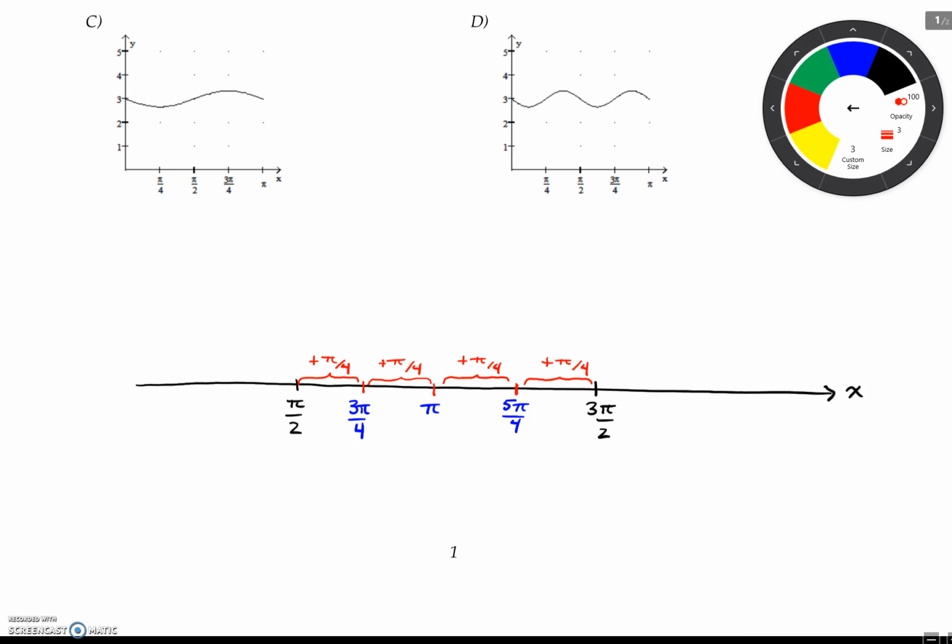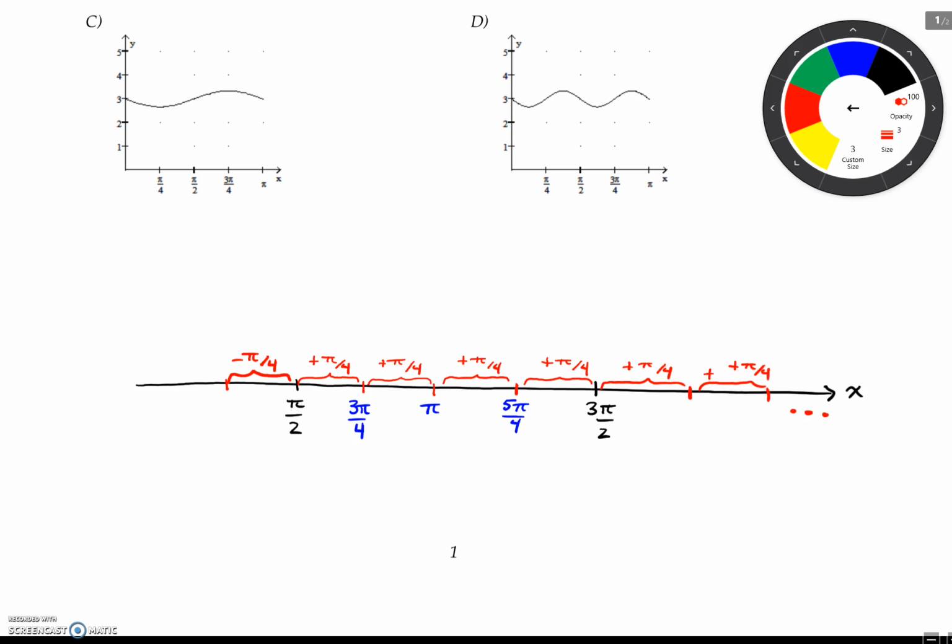Now, I could keep going if I wanted to. I could just add another pi over 4, and then another pi over 4, and I could keep this going for as long as I wanted to. But I really don't need to. In fact, I could even do the opposite, and go backwards. If I wanted to go backwards, I would have to take away pi over 4. And this is interesting.